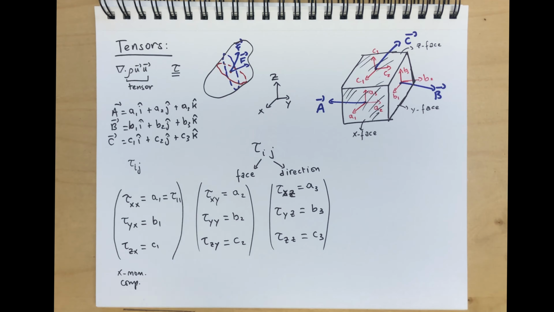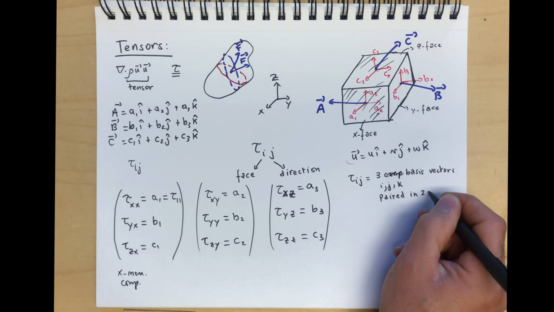Now, if you think of a vector u as ui plus vj plus wk, we only needed the three basis vectors i, j, k to describe the vector u. That was enough. For the tensor tau ij, we need the three basis vectors i, j, k paired in twos.